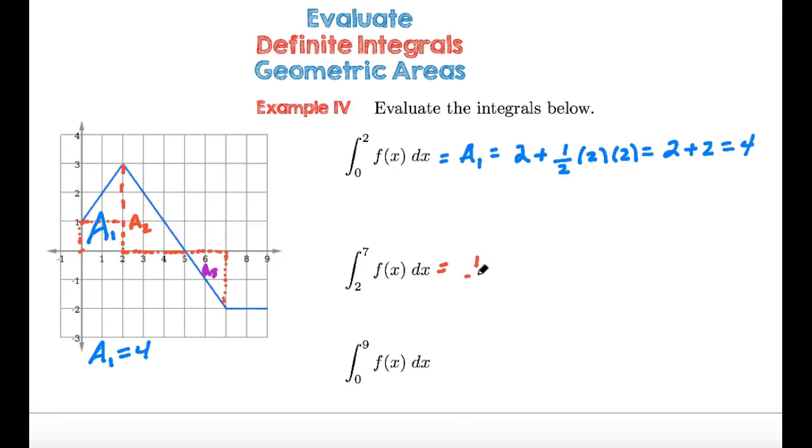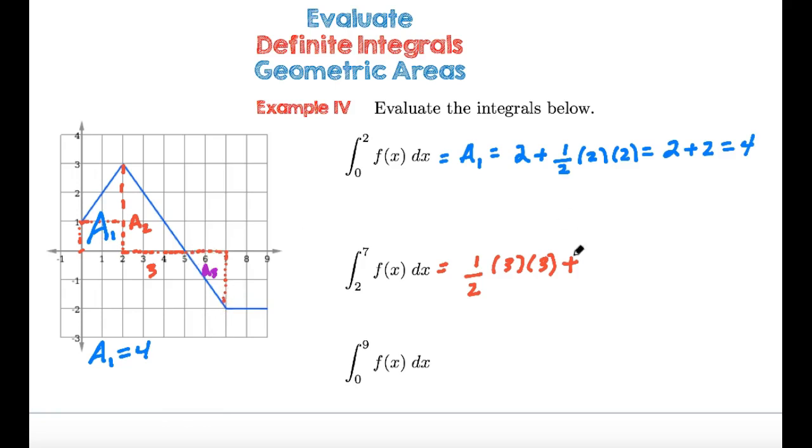So our area is going to be 1/2 of the base, which is 2 to 5, which is 3 units, times our height, which is 1, 2, 3 units. That's going to give us a decimal, plus we're going to add to that. Now this is where you got to be careful. Do you see we have area below the axis? A3 is going to have a negative area.